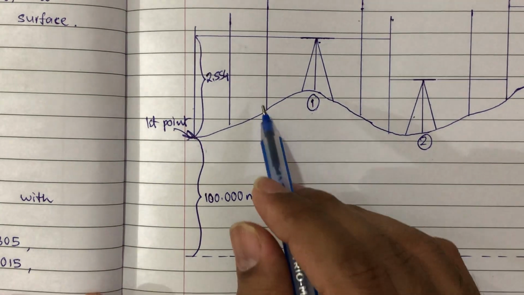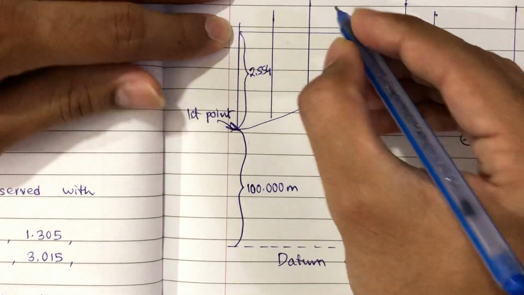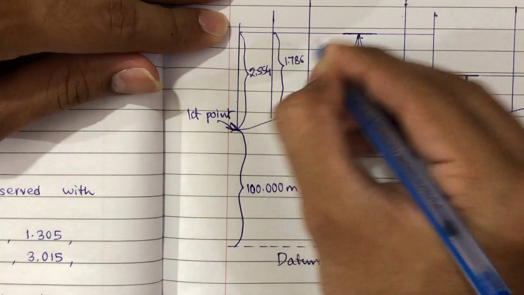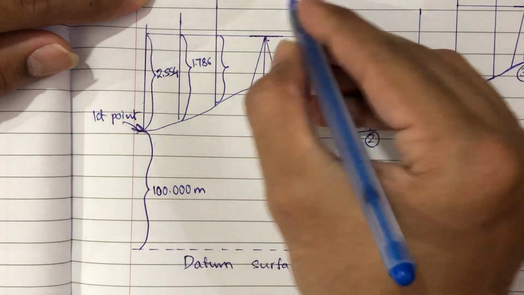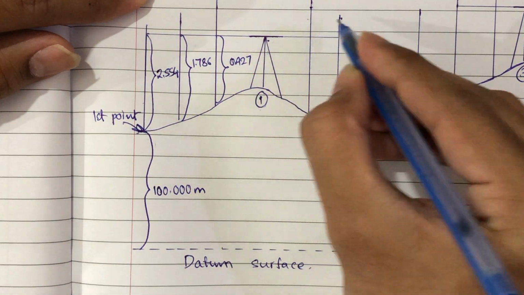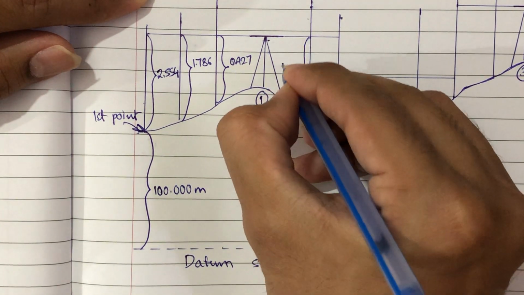Similarly, the second reading was 1.786. The third reading is 0.927. The fourth reading came out to 1.983.